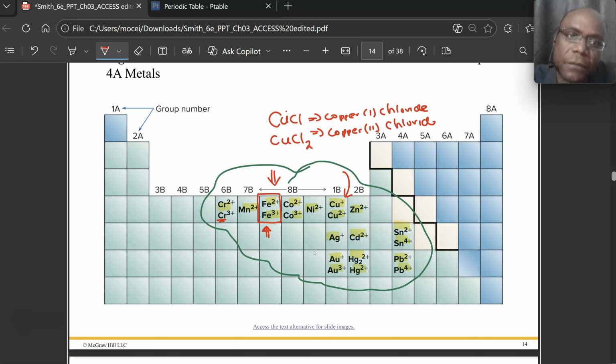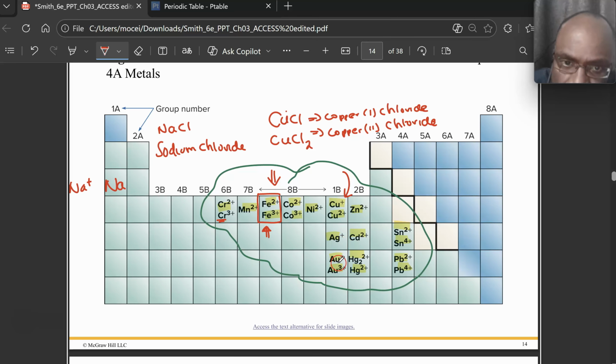Notice that for sodium chloride, I did not have to use the Roman numerals. Why? The sodium itself only has 1 charge, Na+. Silver has only 1 charge. Gold has 2 of them, so you have to specify. Mercury, tin has 2 versions. Lead has 2 versions.